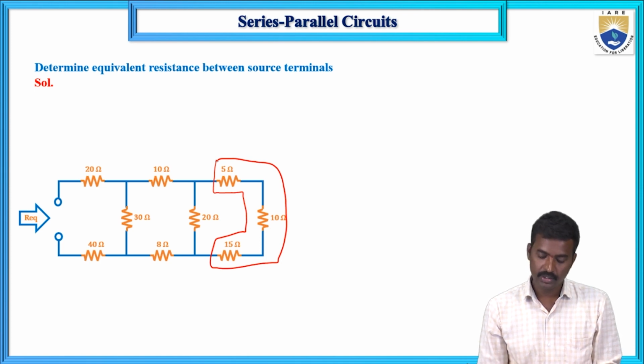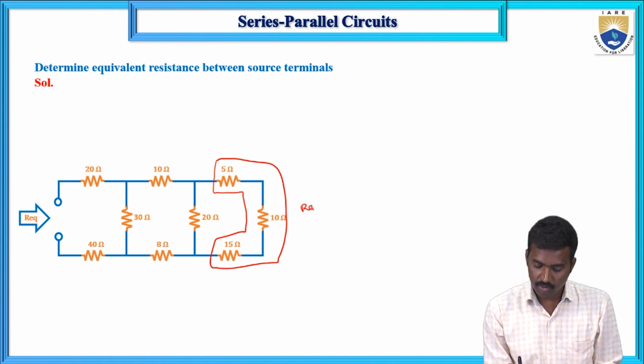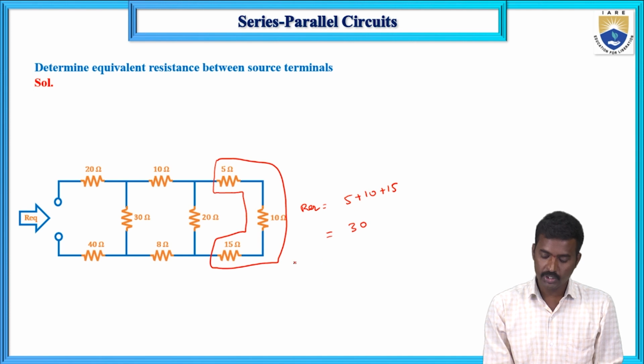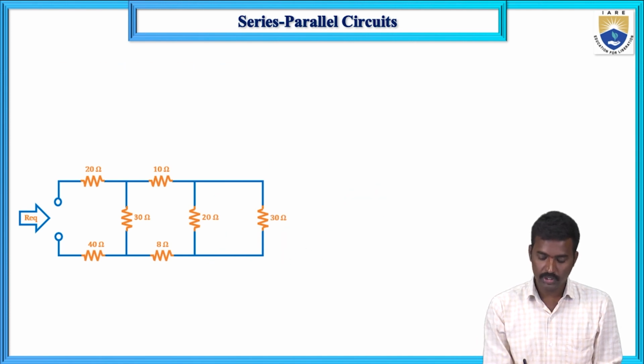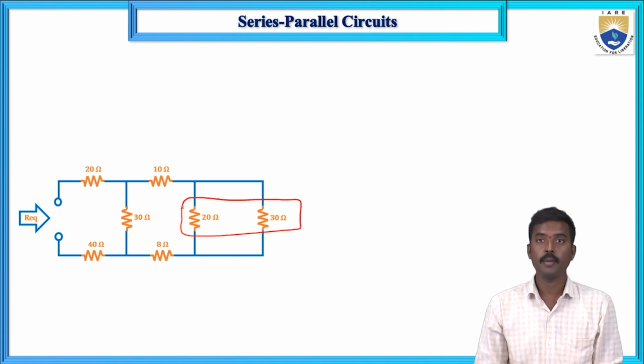are connected in series. These three resistors equal 5 plus 10 plus 15, which is 30. So now you can replace this with a single equivalent of 30. Now these two resistors are connected in parallel.